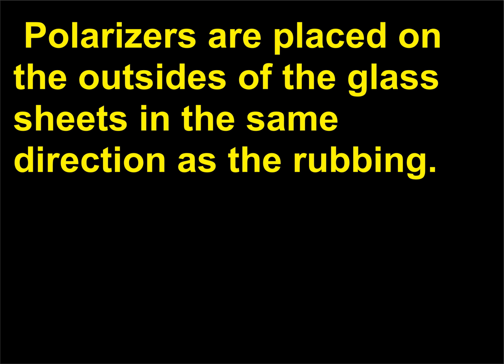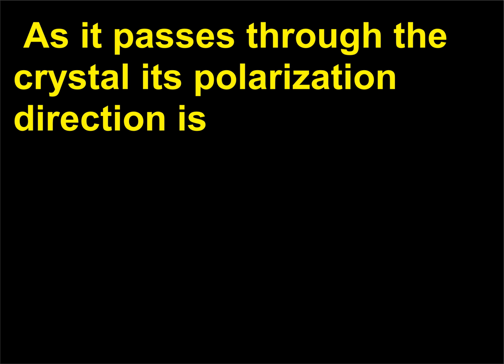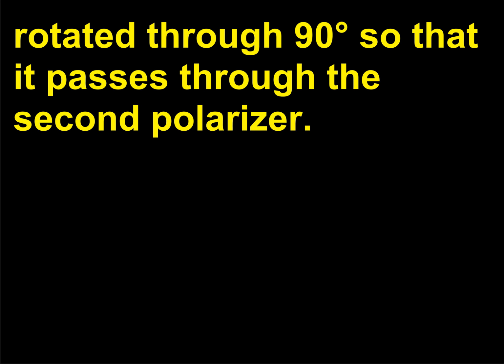Polarizers are placed on the outsides of the glass sheets in the same direction as the rubbing. When light enters the back of the display, it is polarized. As it passes through the crystal, its polarization direction is rotated through 90 degrees so that it passes through the second polarizer. Thus light passes through the display, and it appears bright.